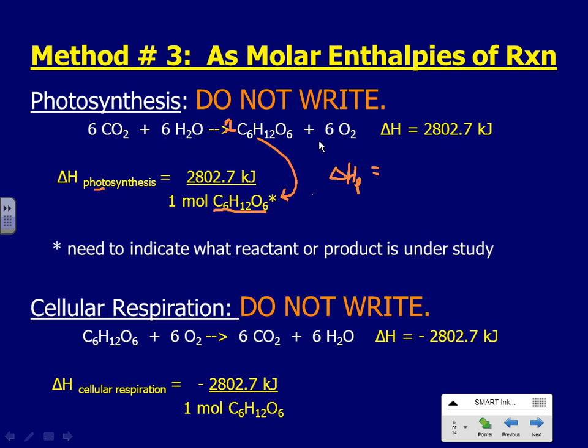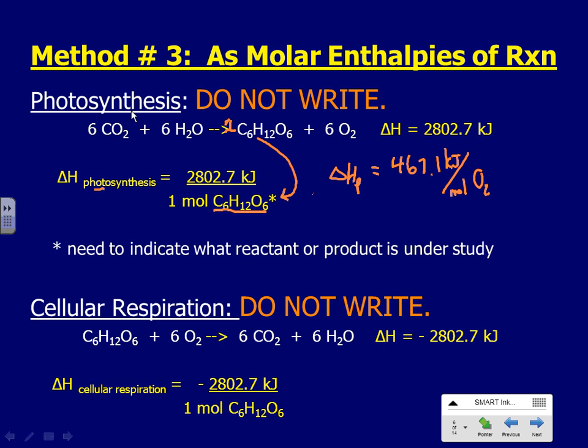So if I get my calculator running, 2802.7 divided by 6 gets me 467.1 kilojoules, but now it's per mole of O2.